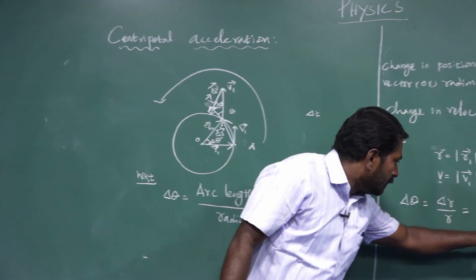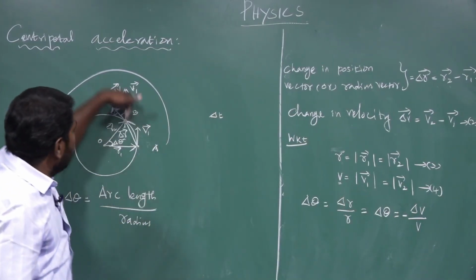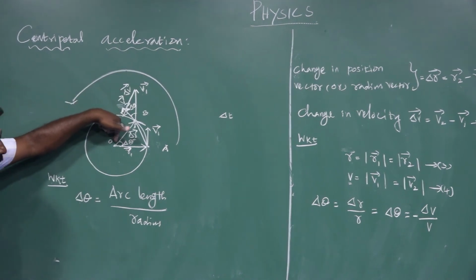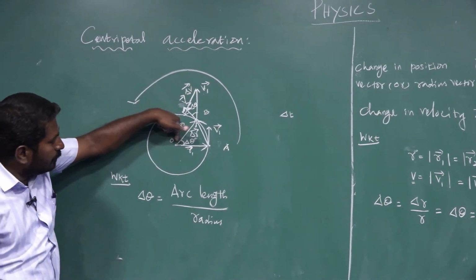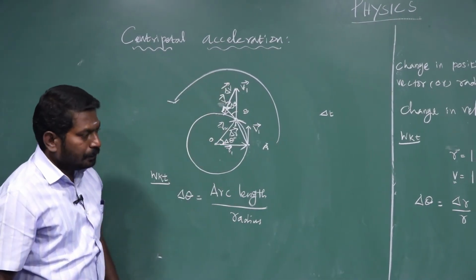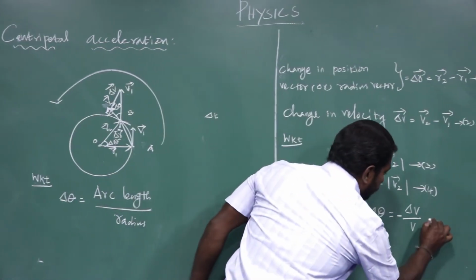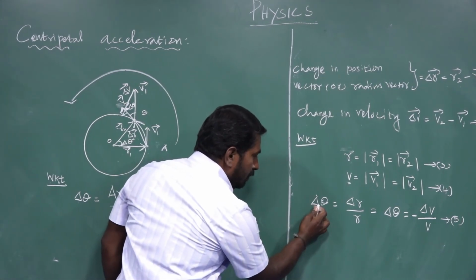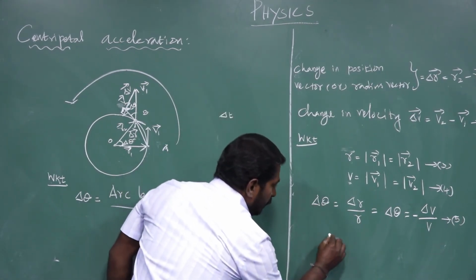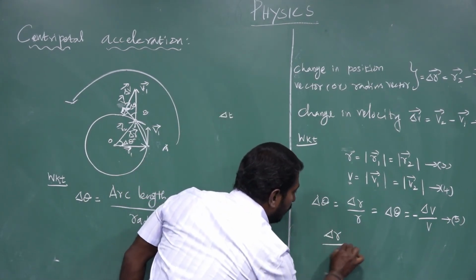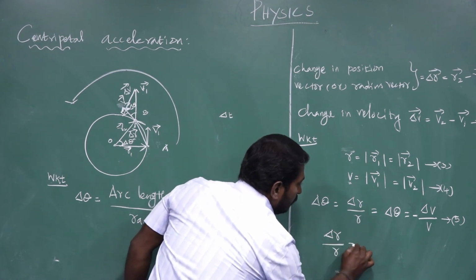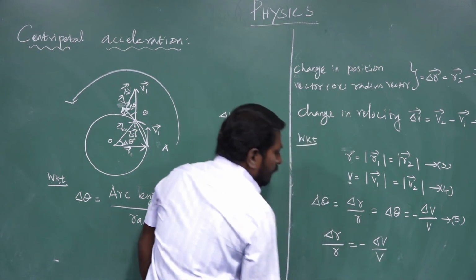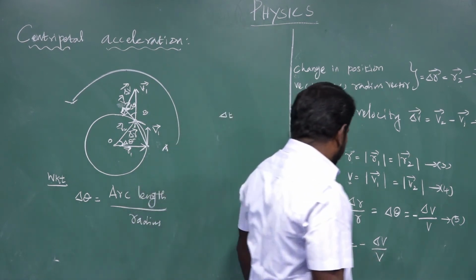Very important thing, the negative sign implies that the change in velocity is directed towards the center of the circular path, or directed inwards. Equation number 5. From that equation, both delta theta are equal. So therefore, delta R divided by R is equal to minus delta V divided by V. Rearrange that equation.